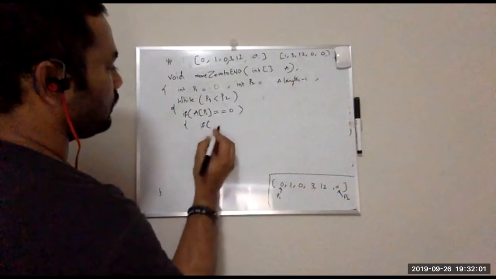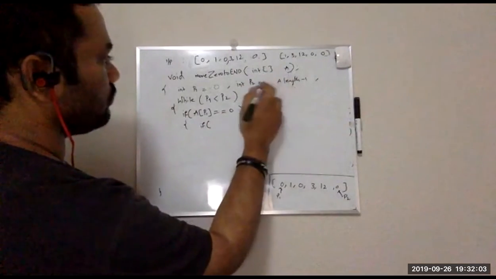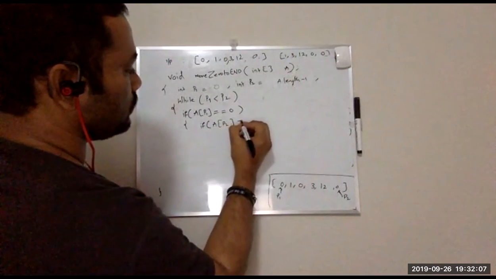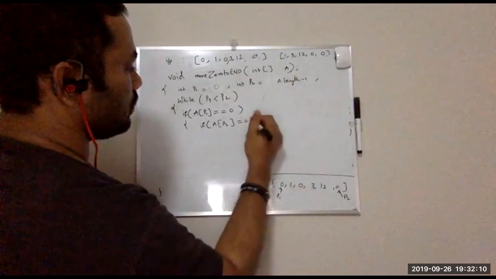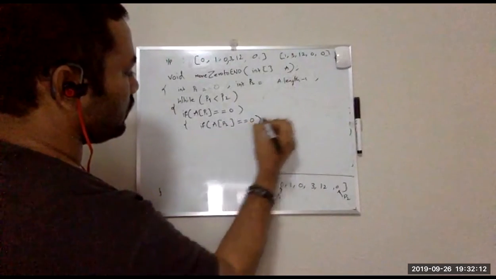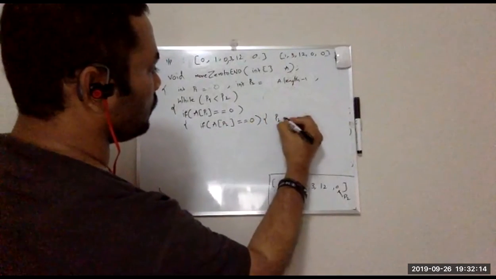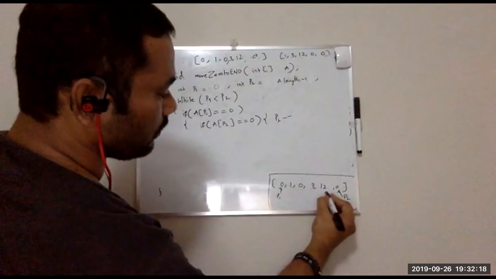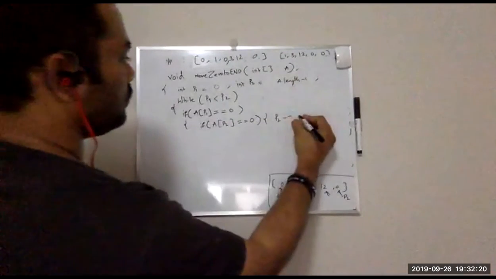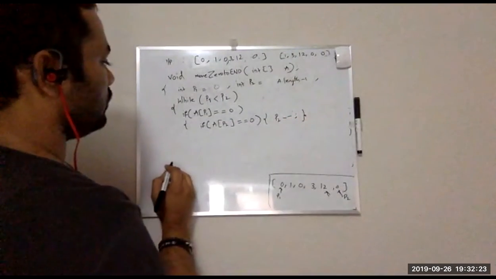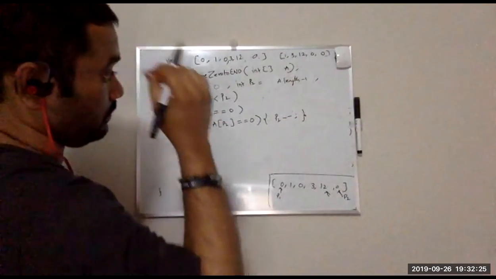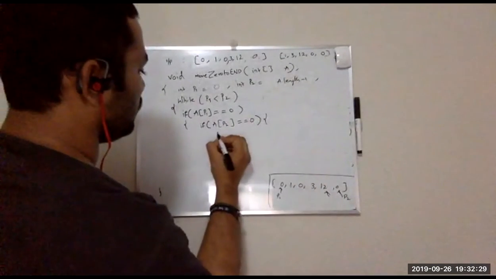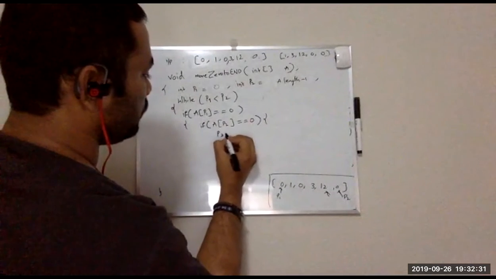If a of P2 is equal to 0, then we decrement the P2 value, which means I'm moving the pointer here. I'm writing P2 minus minus.